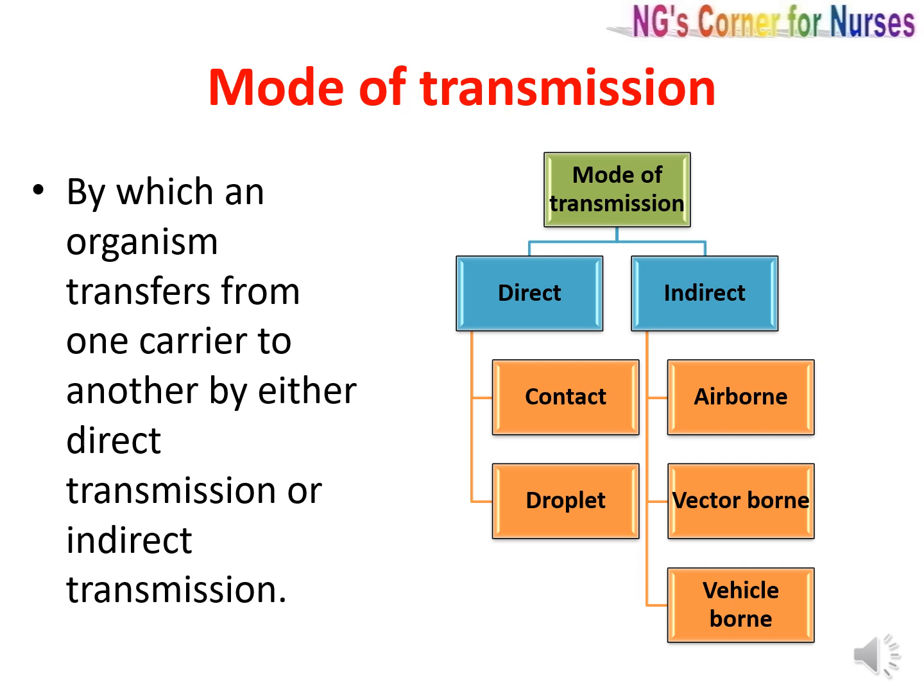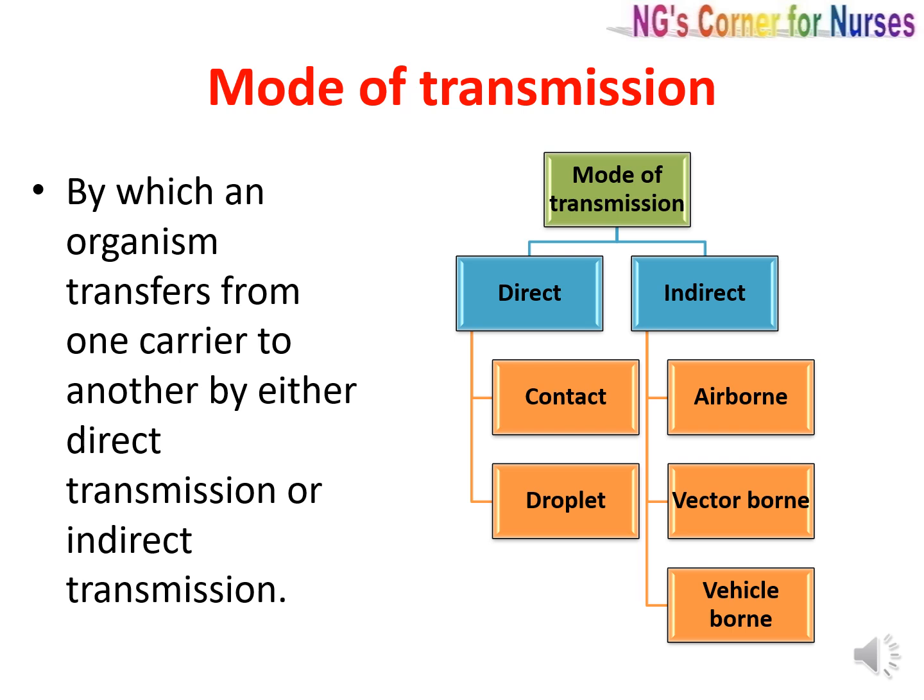Next, a fly can pick up an infectious agent on its feet by walking on a contaminated surface and carrying it to a previously uncontaminated surface, such as uncovered food at a picnic. The third mode of indirect transmission is vehicle-borne.